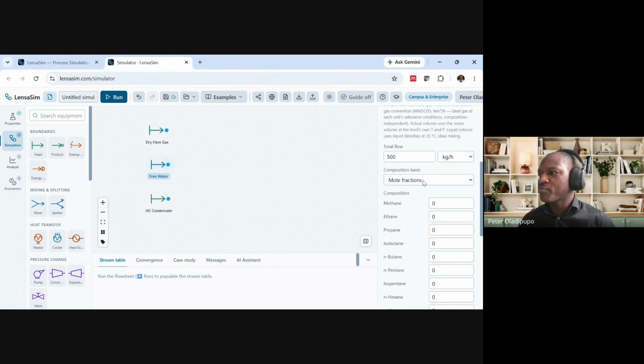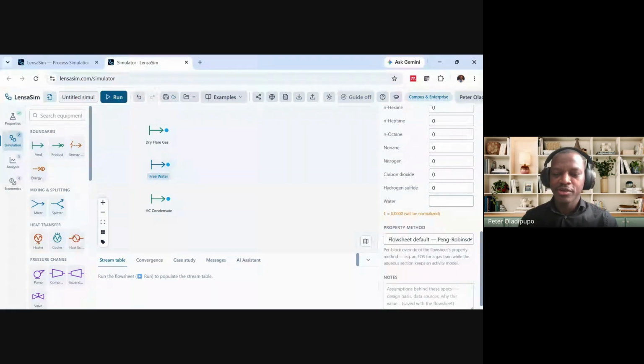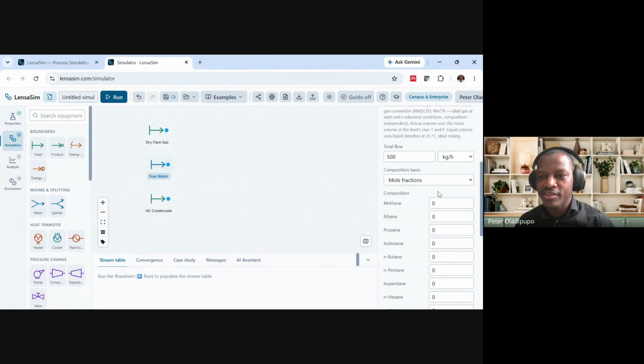Then we have the mole fraction for the water. Majorly water, but it also has a few other species within it. So 9.8% water, and 0.05% methane.